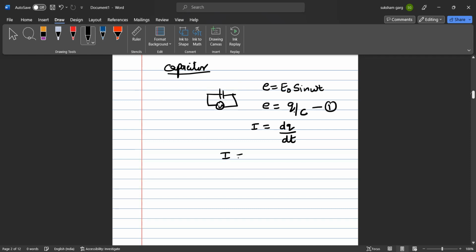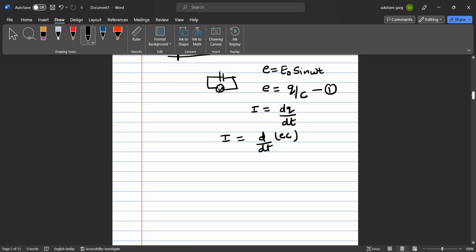I will get I is equal to d by dt of E times C. Now I will fill the value of E from this equation into here. So I get I equal to d by dt of E naught sine omega t multiplied by C.